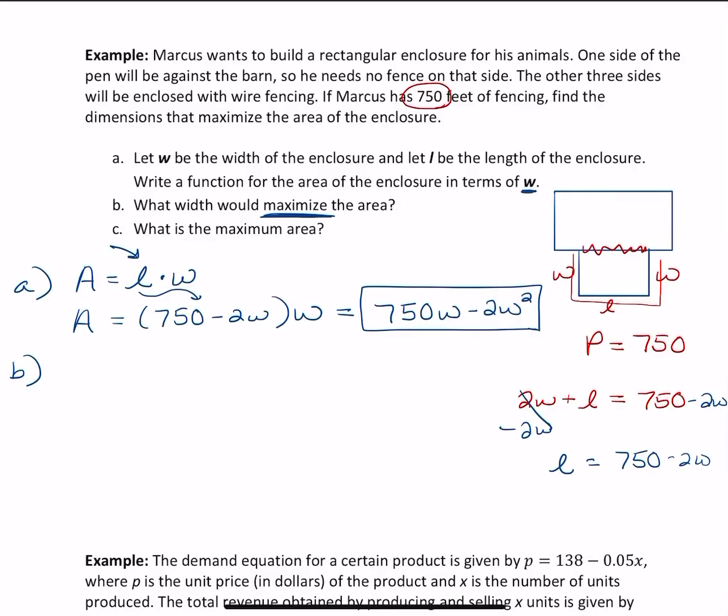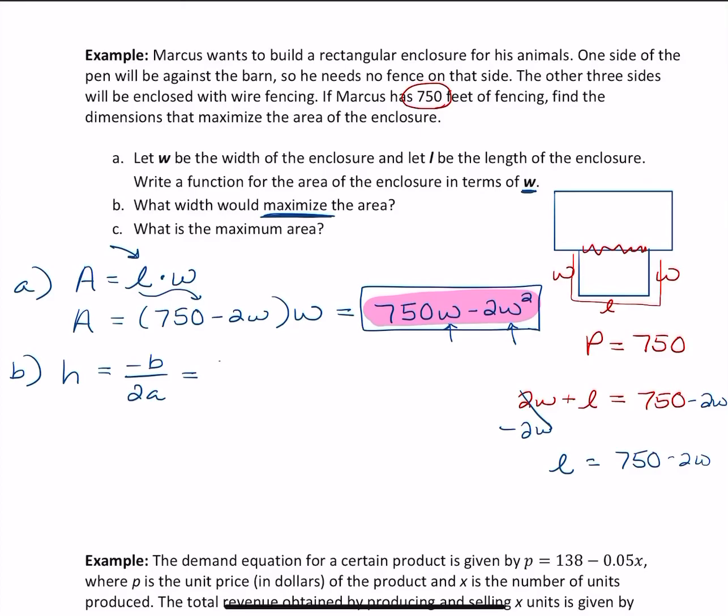That means we're going to find h, which is negative b over 2a, using this quadratic formula. Now notice there's no constant, so there's no c, but I still know that negative b is with the w term and a is with the squared term.